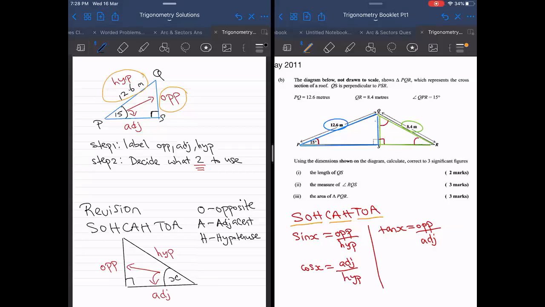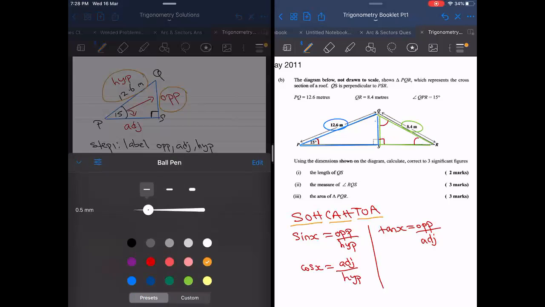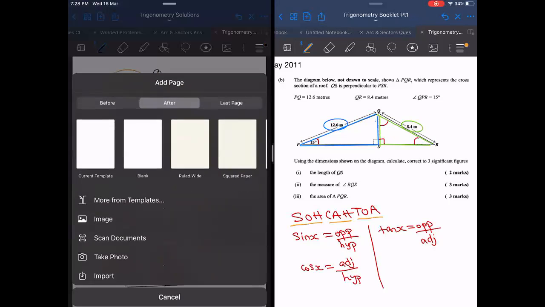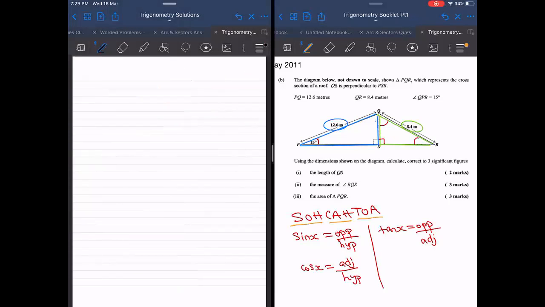So to use opposite and hypotenuse means we're going to use sine. So we're going to have sine 15 is equal to the opposite over the hypotenuse.